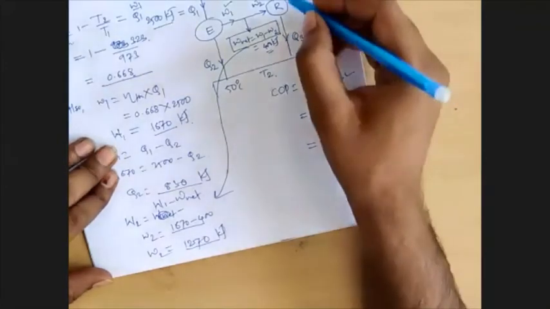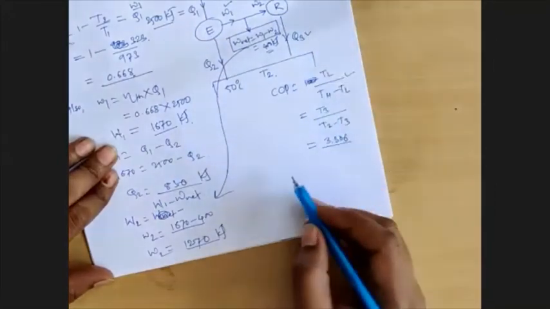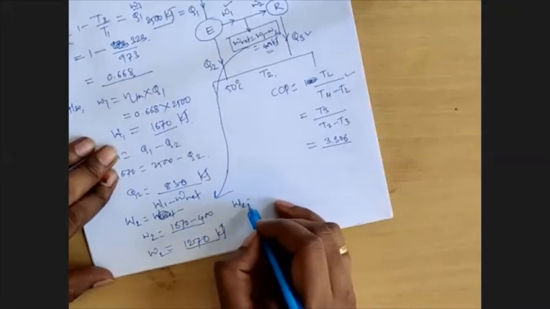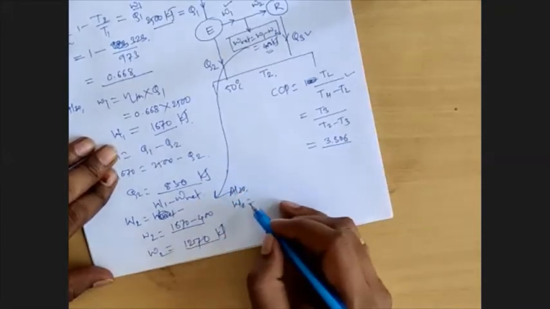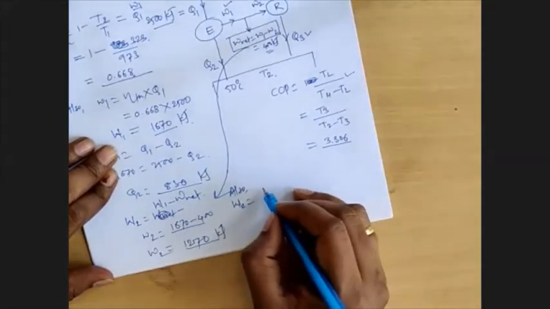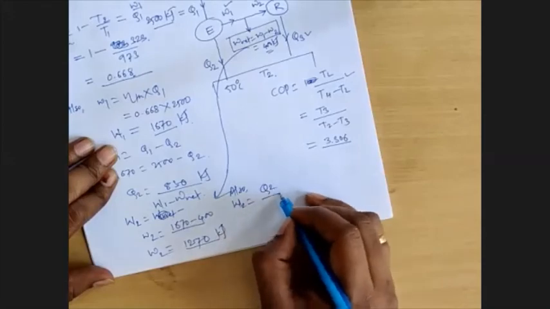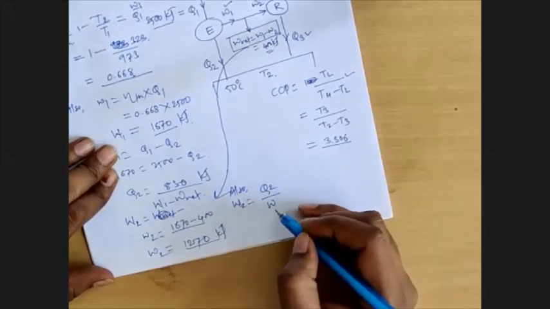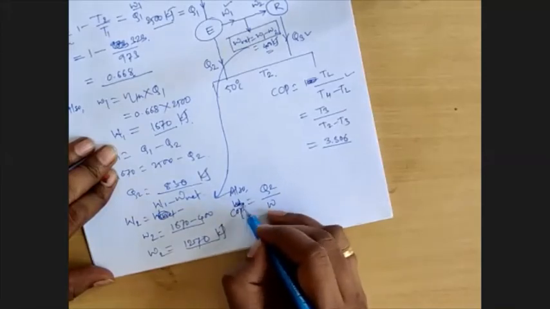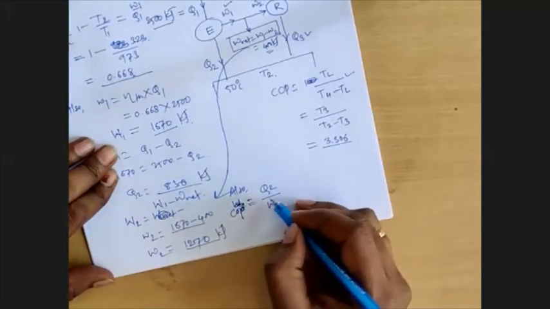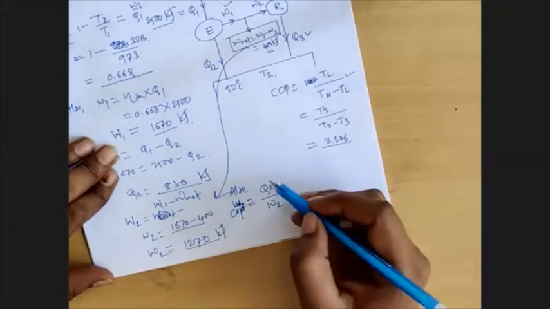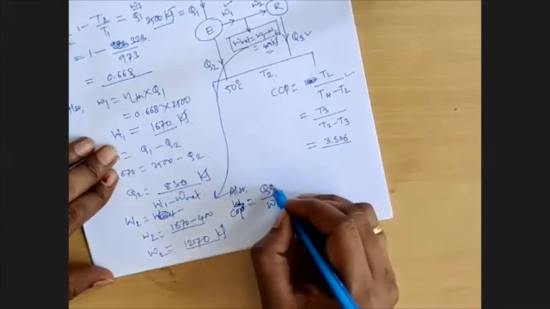Now to get that Q4, COP is equal to desired effect by work required. In case of a refrigerator, the desired effect is Q4.